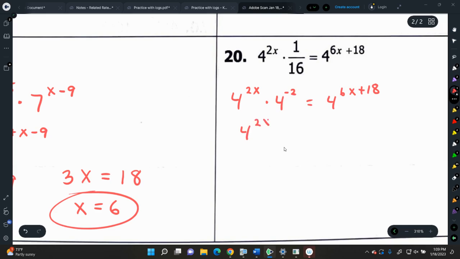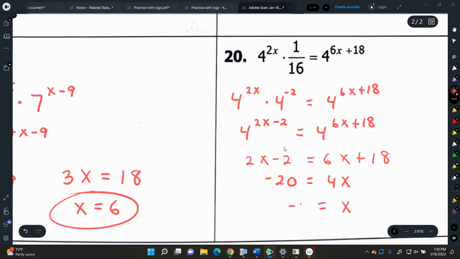So this is 4 to the 2x minus 2 equals 4 to the 6x plus 18, which means 2x minus 2 is equal to 6x plus 18. All right, so let's see. I'm going to subtract 2x, so I get 4x over here. Subtracting 18, I get negative 20. So x equals negative 5.